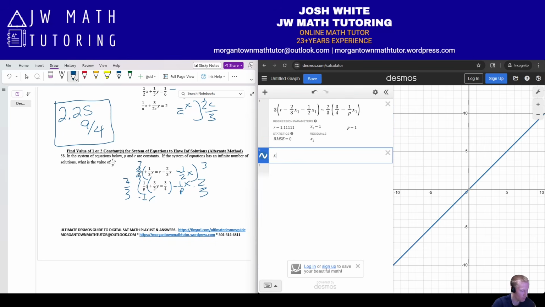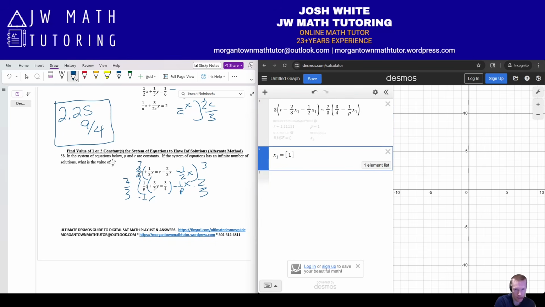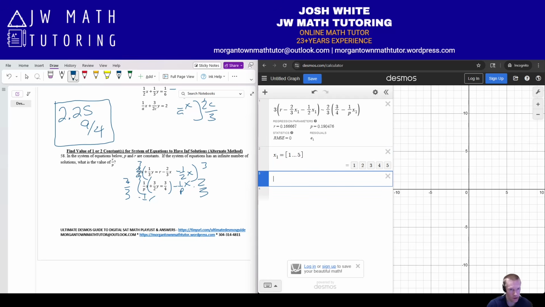Okay, now again we need the list for x1. Let's just try doing this as a shortcut way to get 1 through 5. All right, let's see what r over p is equal to. Looks like 0.875, or as a fraction, 7/8. So the correct answer to this one is 0.875, or again as a fraction, 7 over 8.